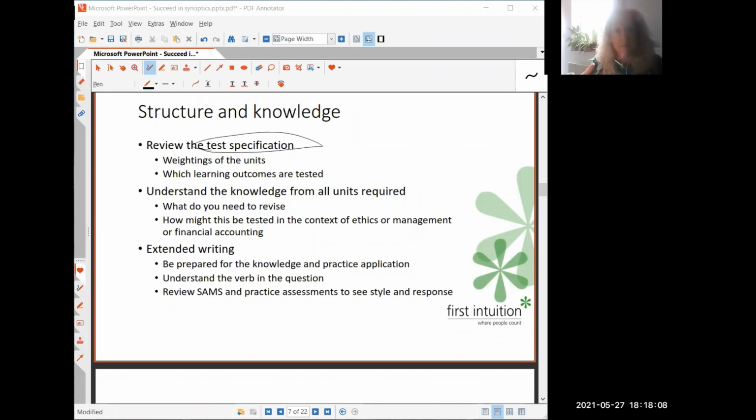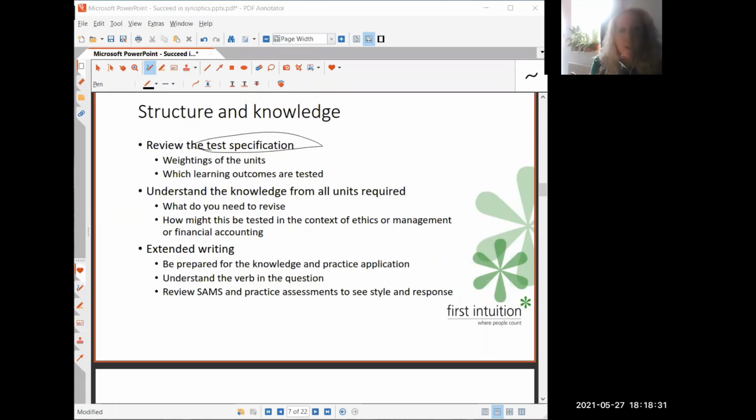within the real assessment. So we've got our management accounting and our financial accounting. Just thinking at level 3, we've got financial accounting and management accounting, which have their own unit assessment. They're going to form part of the Synoptic alongside ethics and spreadsheets.